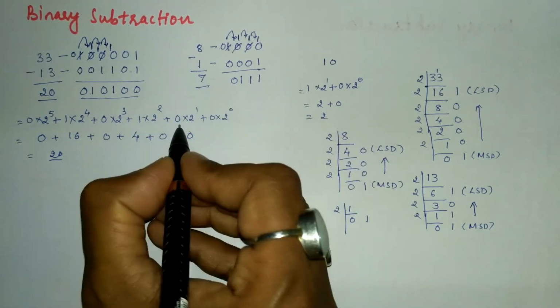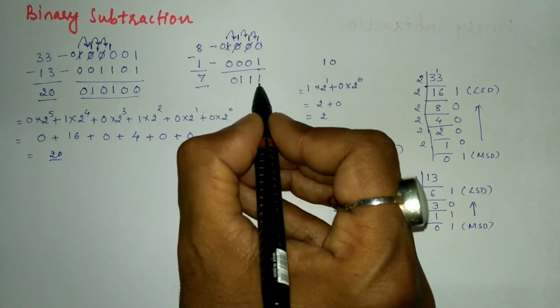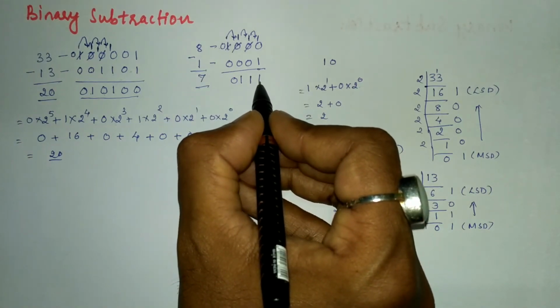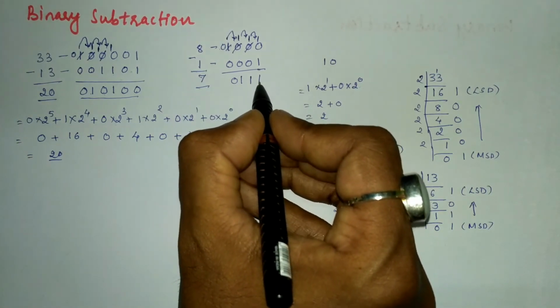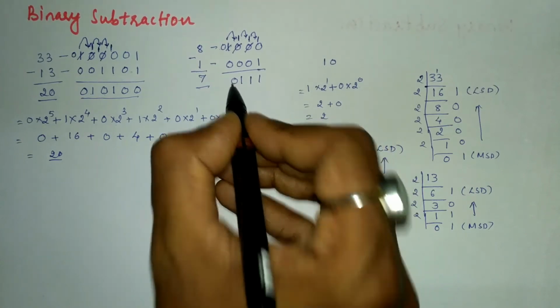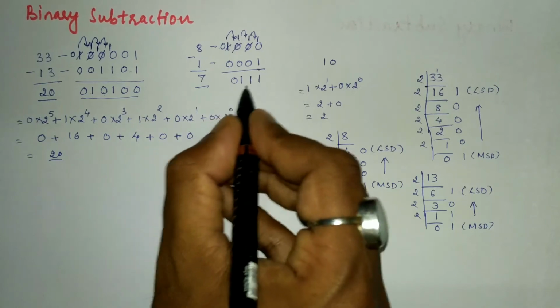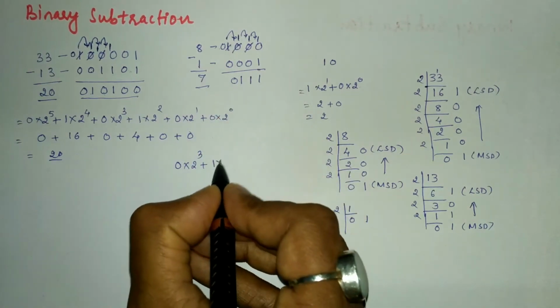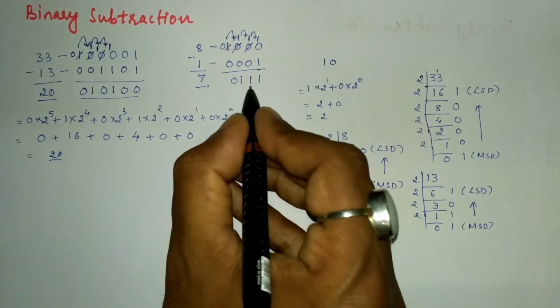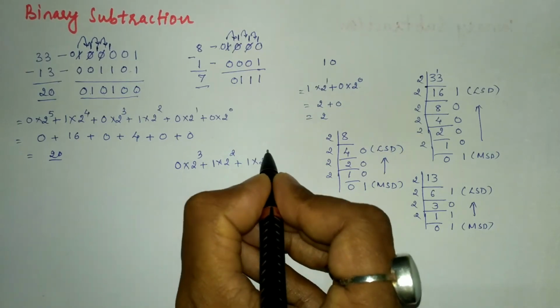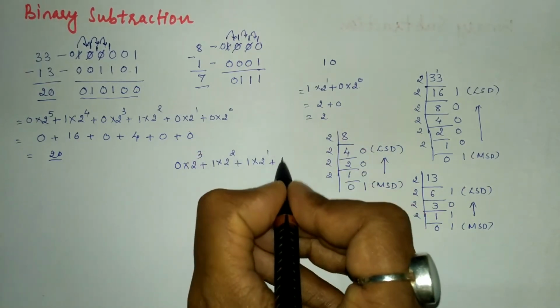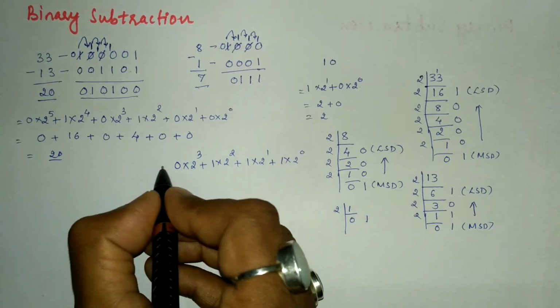How to check? We'll use this method. The positional weight of the bits from the right hand side is 0 1 2 3. Alright, 0 into 2 to the power 3 plus next bit 1 into 2 to the power 2 plus next bit 1 into 2 to the power 1 plus the last bit 1 into 2 to the power 0.